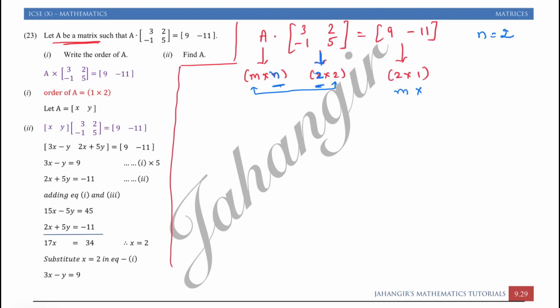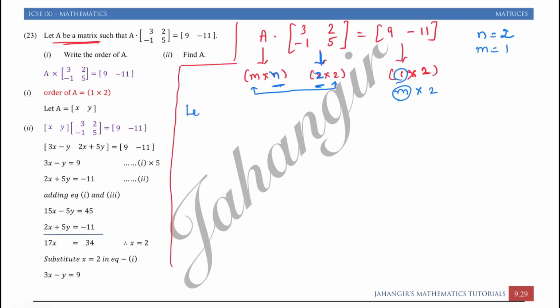We got n. Now we know m into 2 is the order of the product. No, this is 2 by 2, n is 2. Oh, this is 1 by 2. Sorry, I made a mistake. This is 1 by 2, 1 row and 2 columns. So m into 2, comparing m with 1, you will get m is equal to 1.